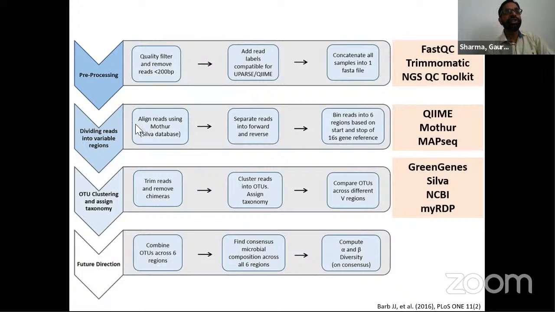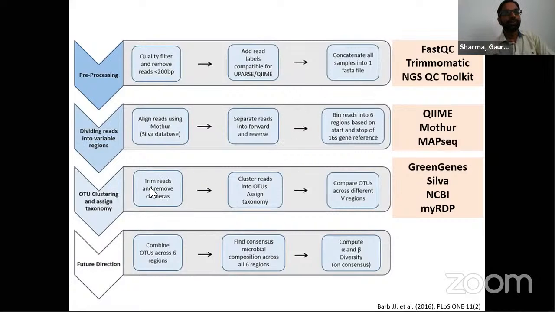Okay, once we have the pre-processed data, after this, we try to divide reads into variable regions. So we try to align them all together, and then we separate them into forward and reverse, and then we bin reads into 6 regions based on start and stop codon. Okay, so we try to align all those reads with each other and make their representative sequences.